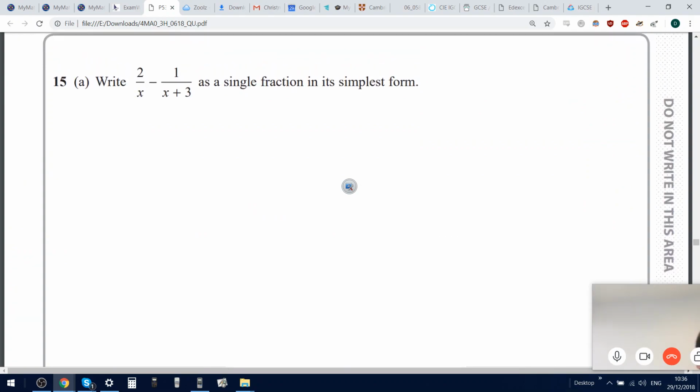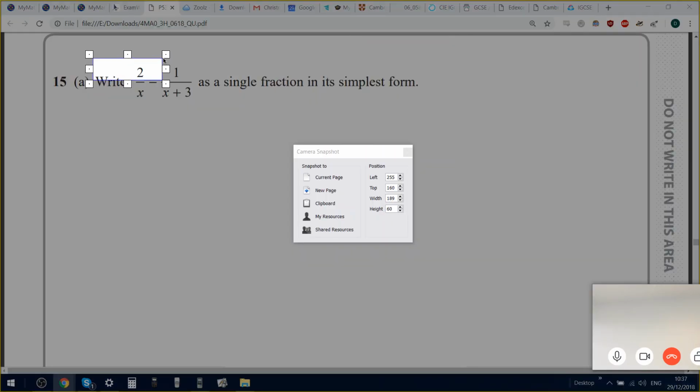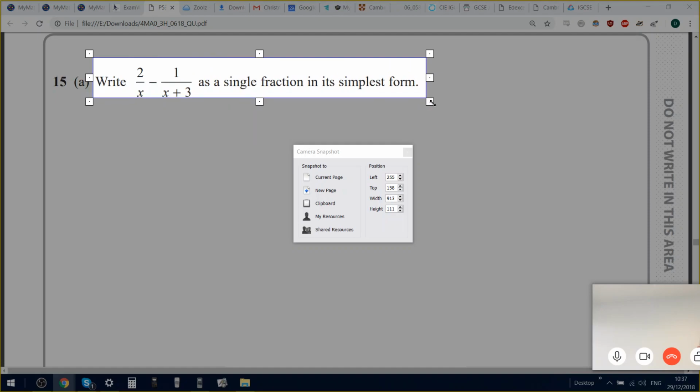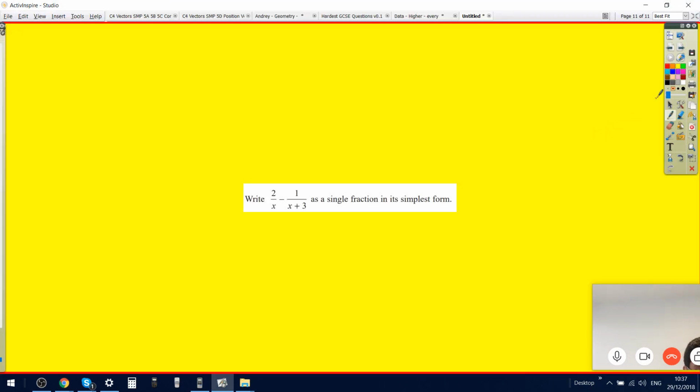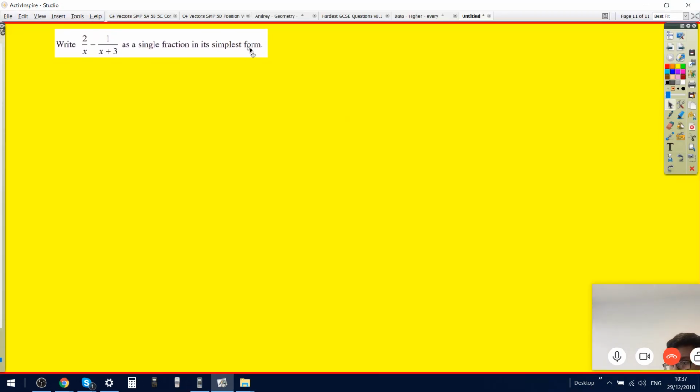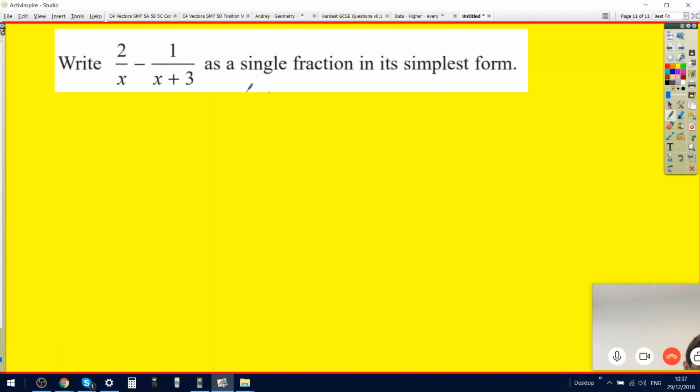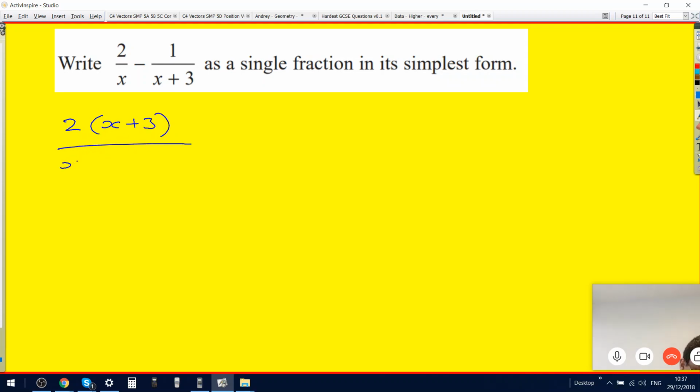Is this one worth doing? I might try that just to make sure I can. Okay. 2 over x minus 1 over x plus 3. We can write that as 2 in a bracket x plus 3 over x times x plus 3, minus 1 in a bracket x over x and x plus 3 again.